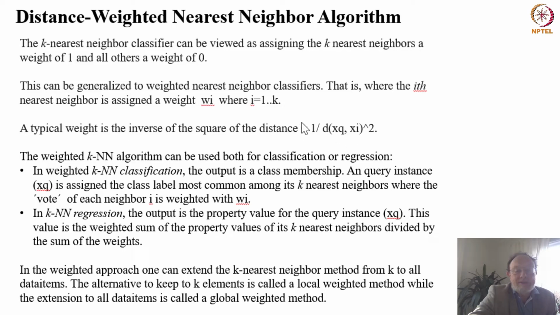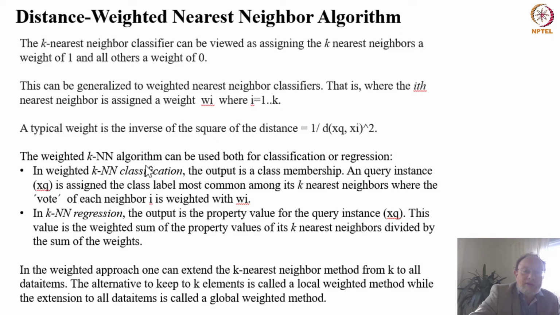But this function could also be one of those kernel functions that we will describe a little later in this lecture. So then there are two cases, of course, as for the k-nearest neighbor algorithm.